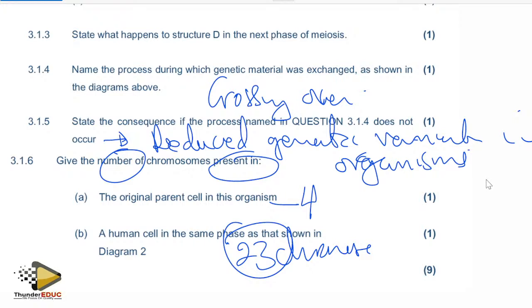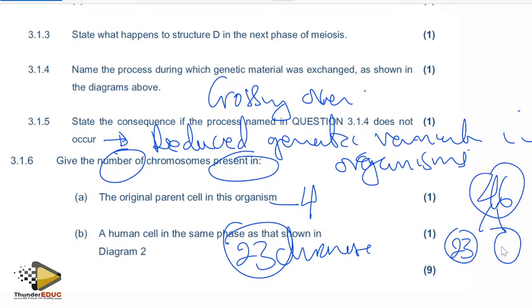Remember, in meiosis I, the human cell will have 46, which will divide into 23 and 23. So now in meiosis II, each will have 23, 23, 23, 23. So in meiosis II, the number of chromosomes is being maintained.